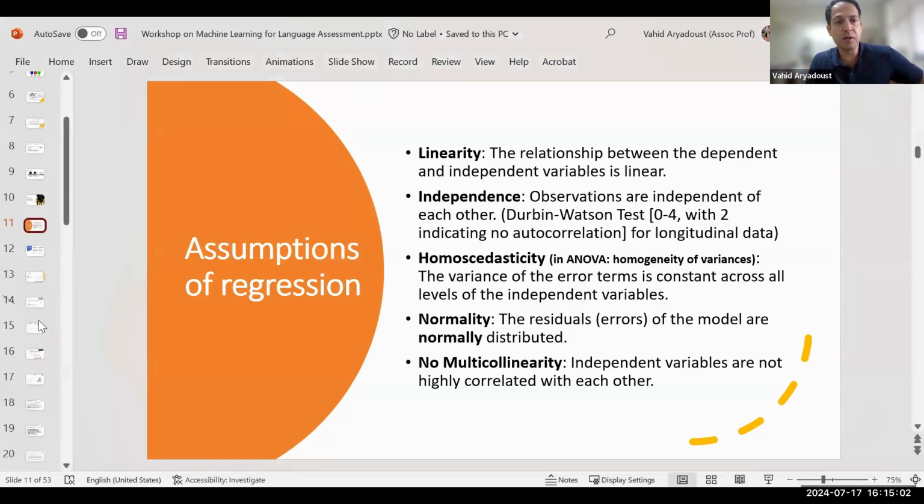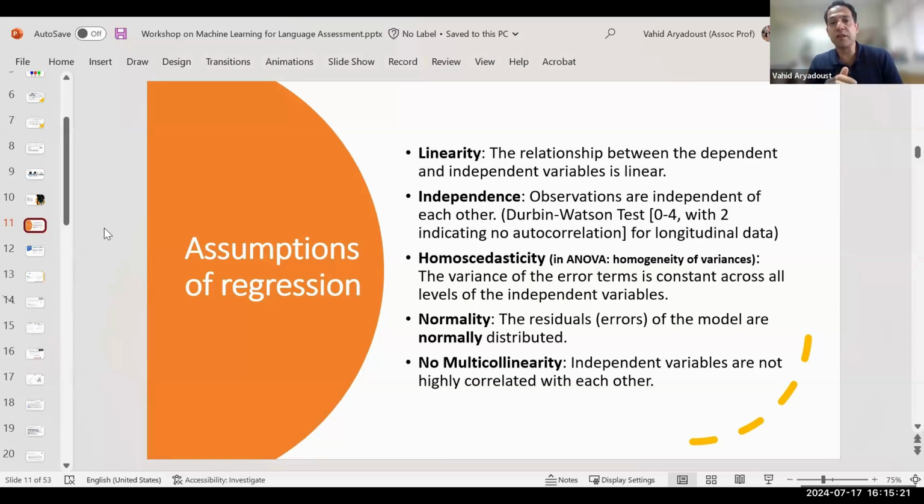Because some people are concerned when they're doing machine learning about the model reaching what they call a local minima.